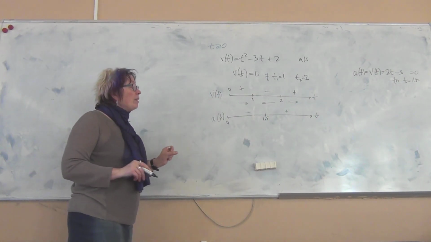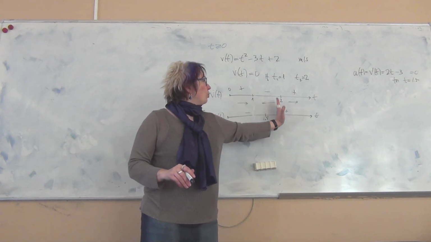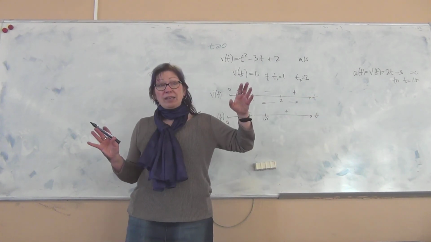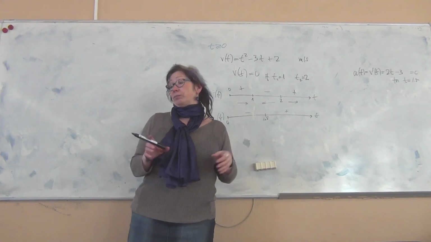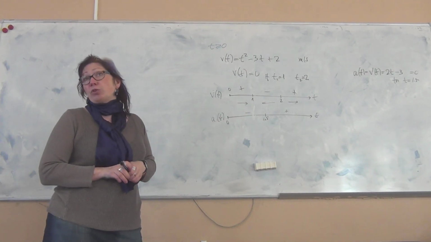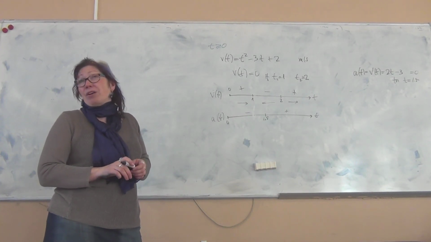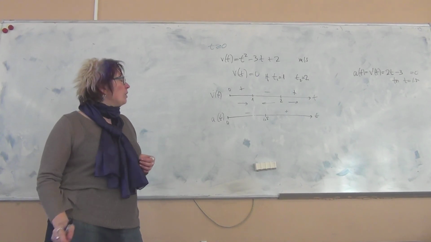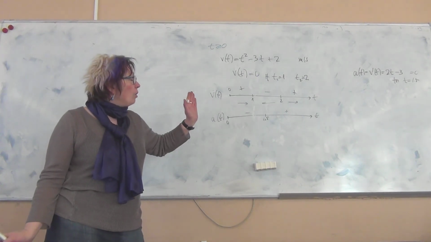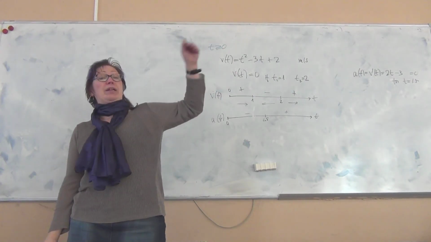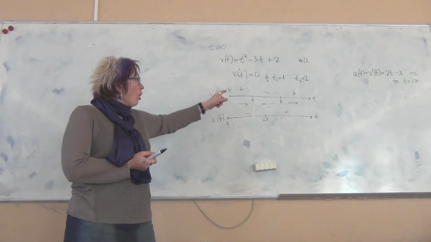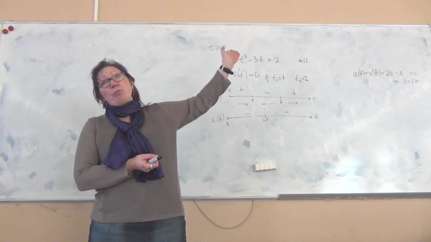So this means that we have 1, 2, 3, 4 distinct periods of time with different behavior of this object. I mean the physical behavior, speed-wise. So we start with slowing down, then picking up speed, then slowing down again, and then picking up speed again. But the velocity is positive, negative, positive.